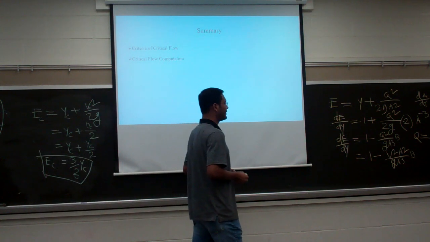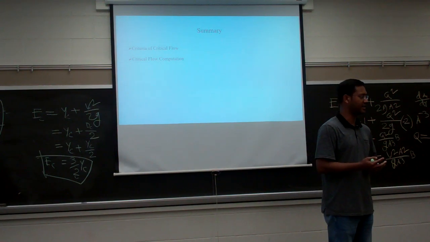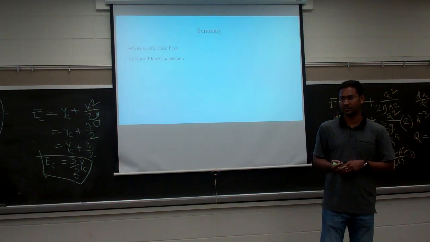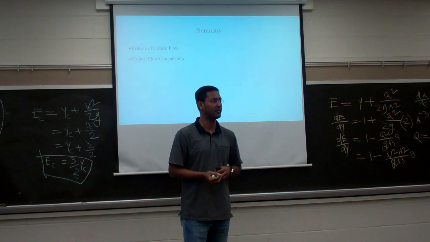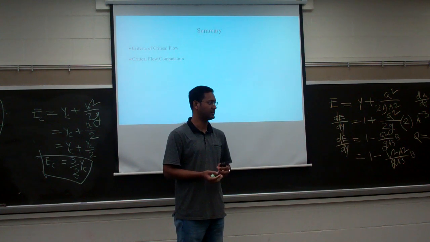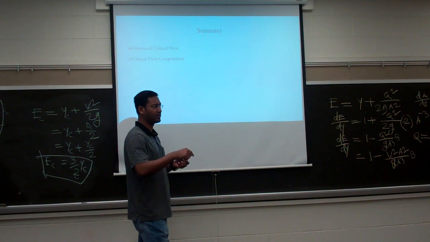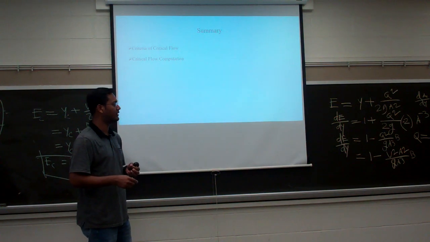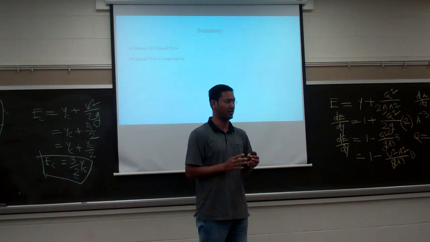So far, we have learned a very important topic in open channel flow, which is critical flow. But before learning this critical flow, we already learned about other flows, like uniform flow. But uniform flow is different than critical flow. So for computing any flow, or for designing any hydraulic structure, we need to know whether the flow is critical or not.